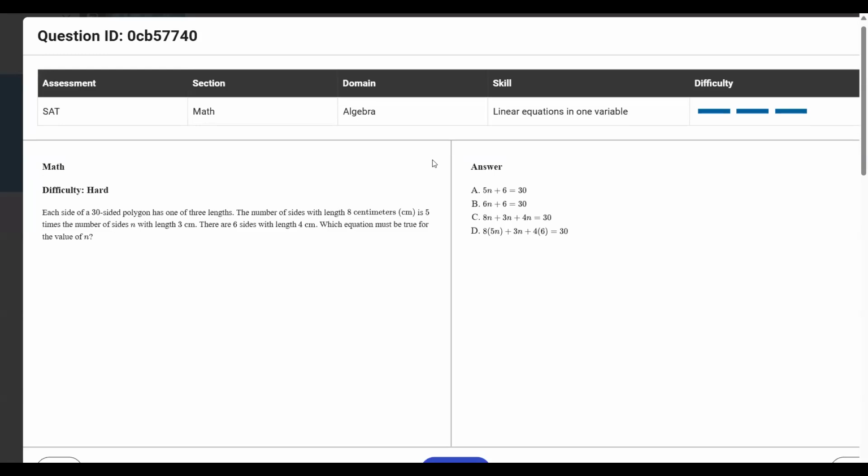So there's a polygon that has 30 sides. The number of sides with length 8 centimeters is 5 times the number of sides n with 3 centimeters.